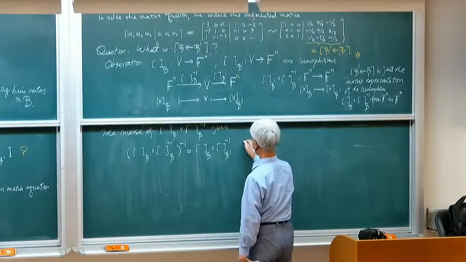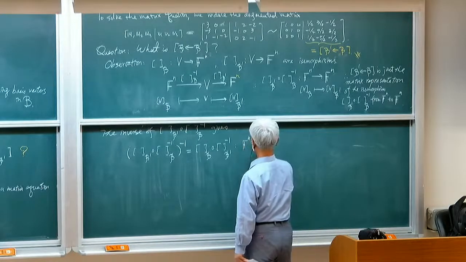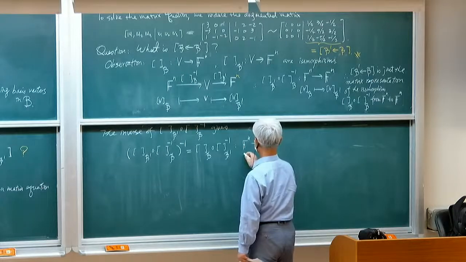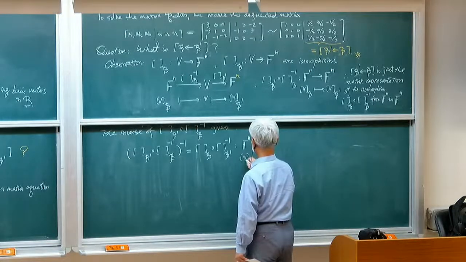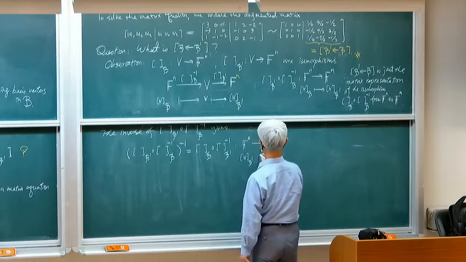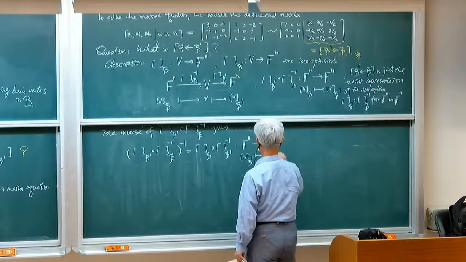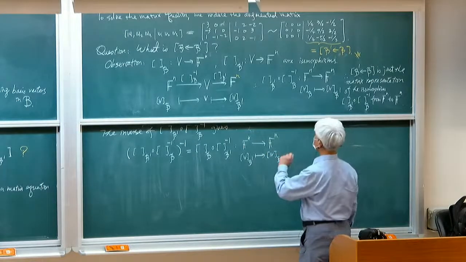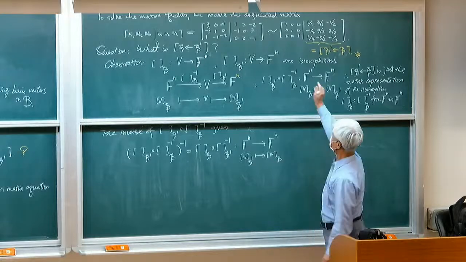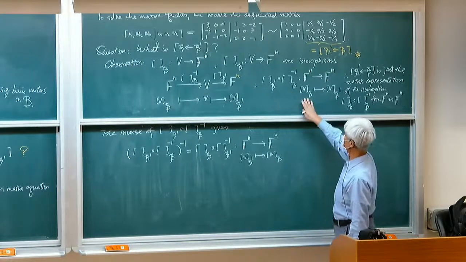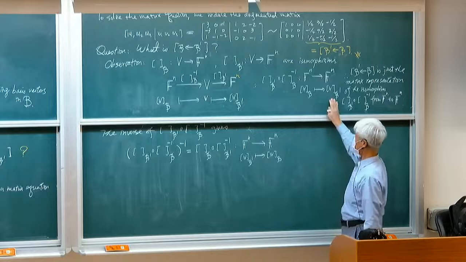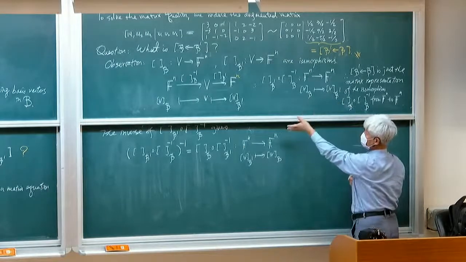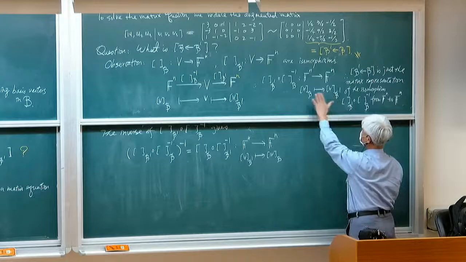So this gives us the map from B prime to B. This isomorphism is from the B coordinates to B prime coordinates, so the inverse is from the B prime coordinates to B coordinates.